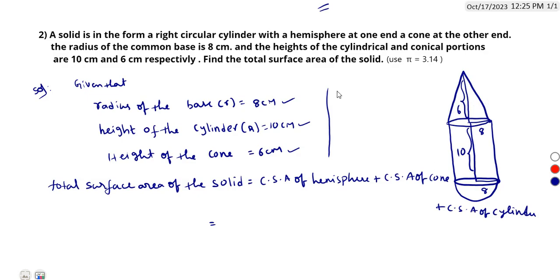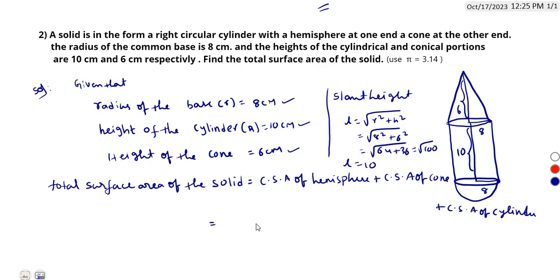Here slant height is not given, so first you find the slant height. Slant height l equals under root r square plus h square, which is 8 square plus 6 square, 64 plus 36, this one is 100. Root 100 means 10. Slant height 10.